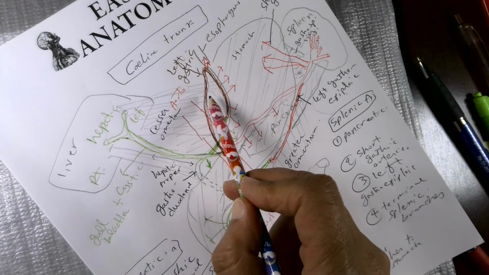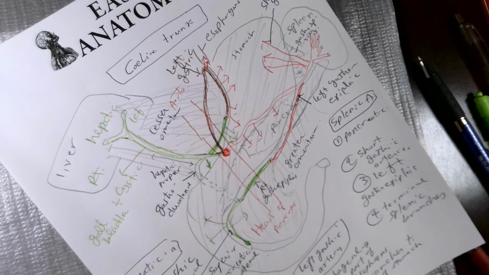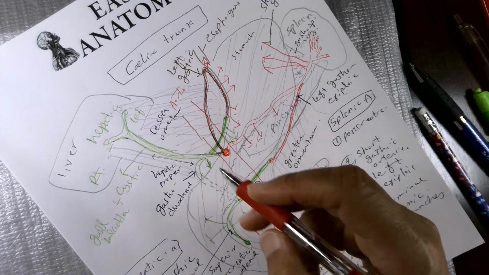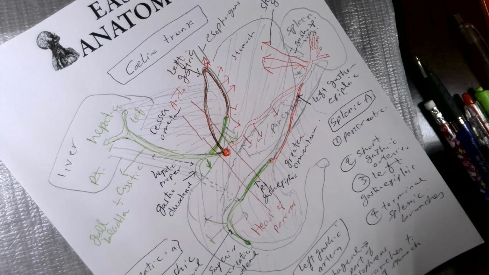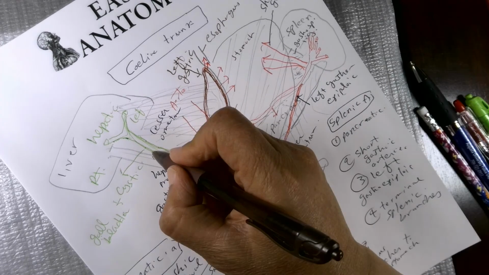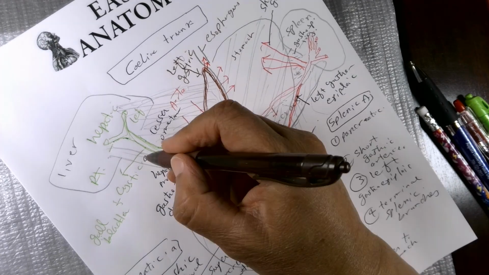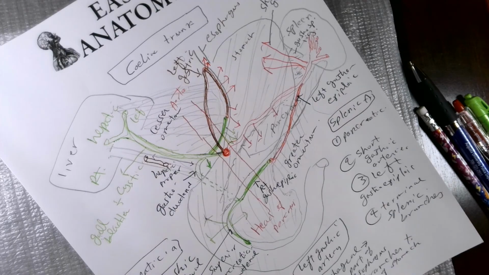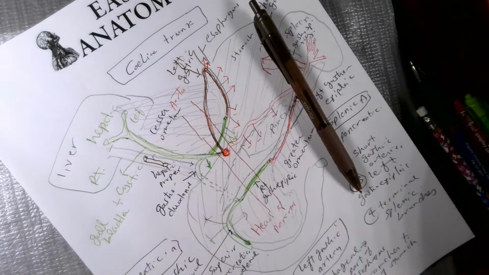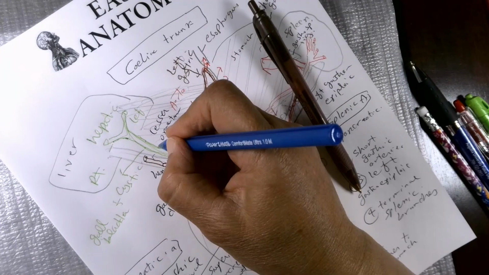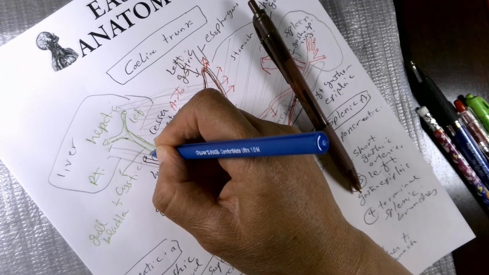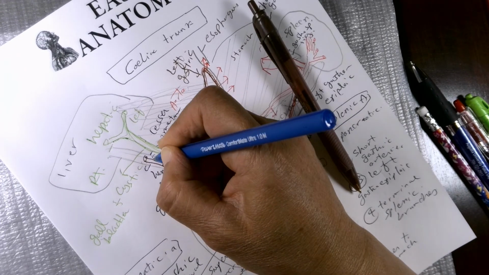All together we call it lesser omentum. You will notice that we have the hepatic artery to the right side here, the common bile duct coming here going to descend in this area, and behind them you will find the portal vein.